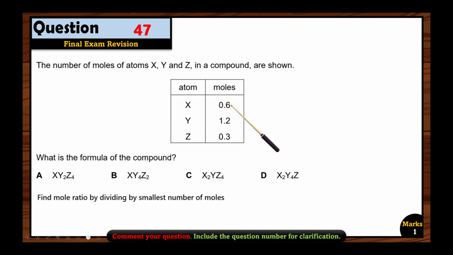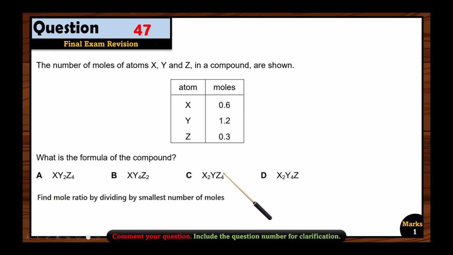But if you see these moles, the values are not whole numbers. So you have to do just one step: find the mole ratio in whole numbers, by dividing by the smallest number of moles. Which one is the smallest? 0.3 is the smallest one. So we will divide each of them by 0.3. What will be the value for X now? If you divide 0.6 by 0.3, you will get 2.